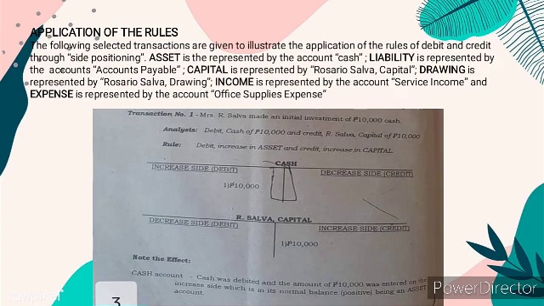The cash increased on the debit side, and R. Salva capital also increased on the credit side. So they are equal.